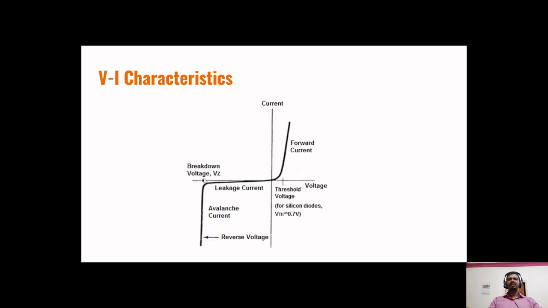This is called the leakage current. You don't observe current due to majority charge carriers, but here it is due to minority charge carriers. This is also called avalanche. This current is very small. You can have this current in the order of microamperes.